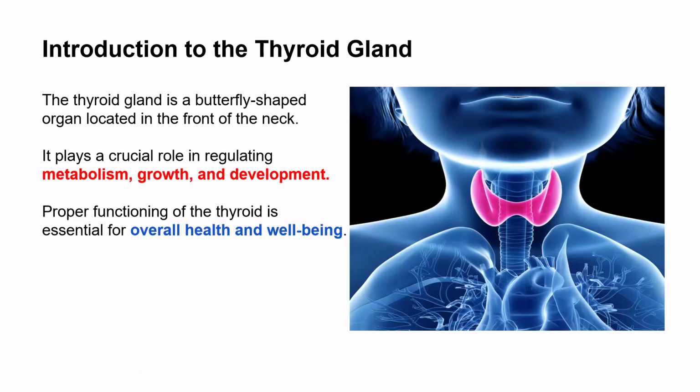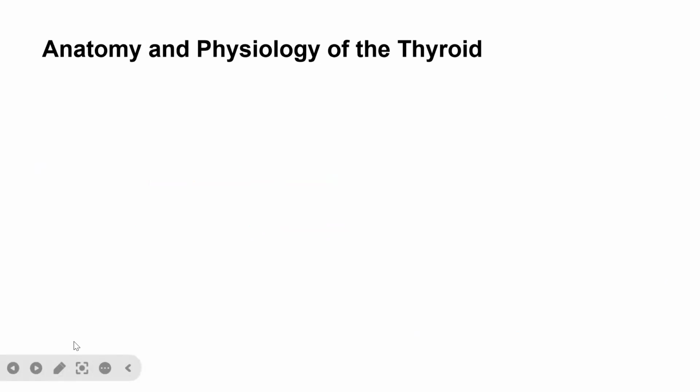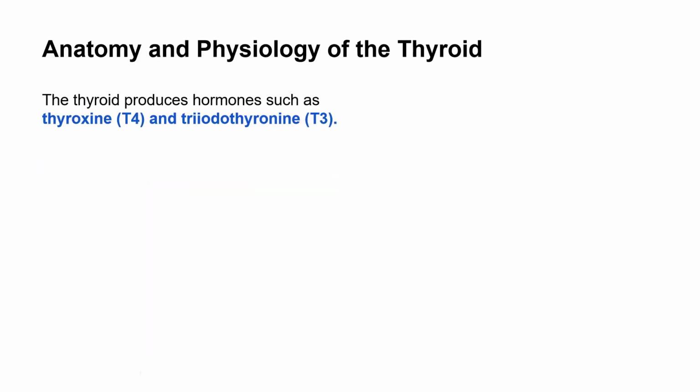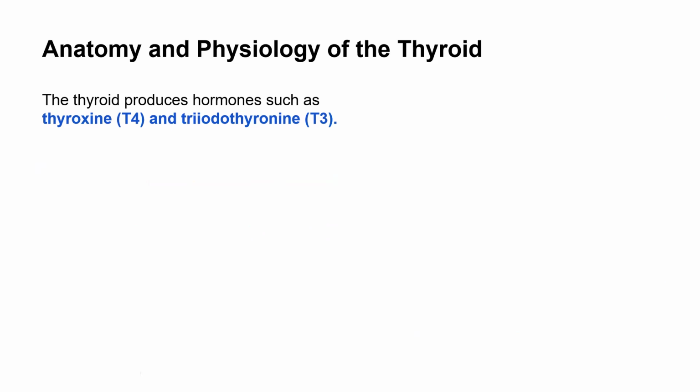And as you can see from here, this is a thyroid gland, and clearly you can see that it has the butterfly shape. So then the next thing that we are going to look at is anatomy and physiology of the thyroid gland. The thyroid gland produces hormones such as thyroxine, called T4, and also triiodothyronine.